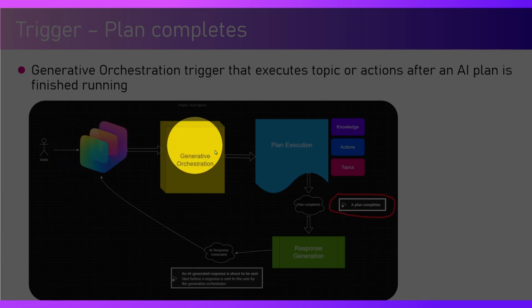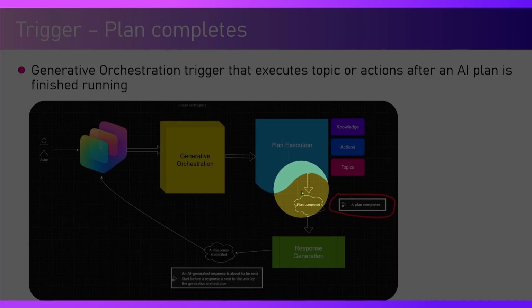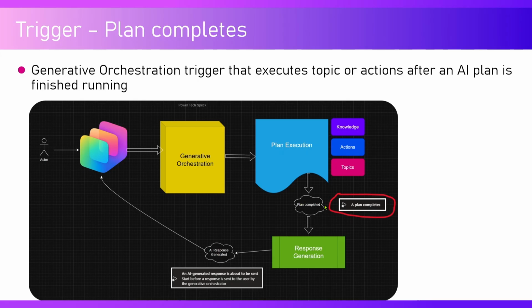Now this is a big path, right? What if I want to intercept the request over here? When an agent has generated a plan, I want to intercept that request. That means I may pause agent execution, or maybe set some variables or some parameters.